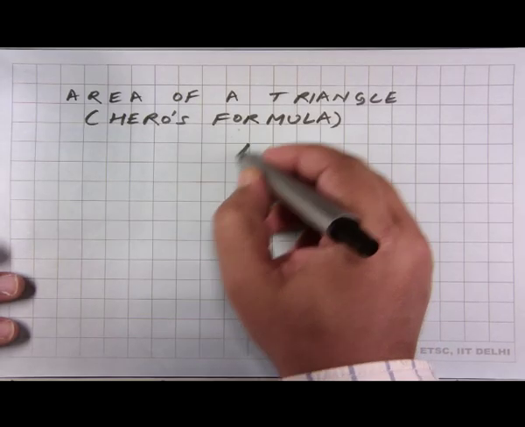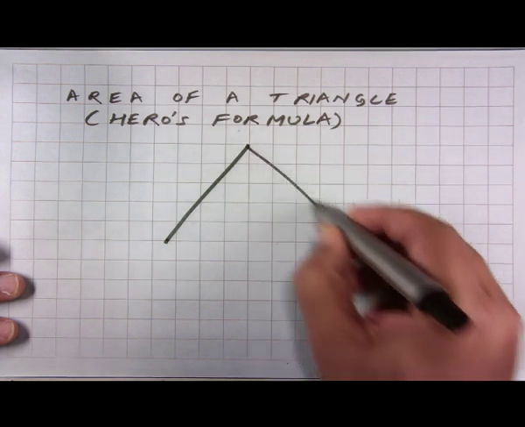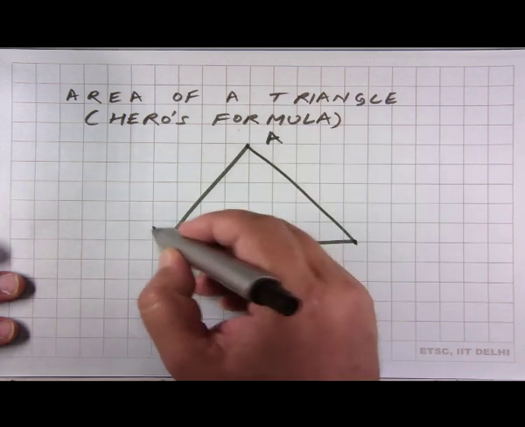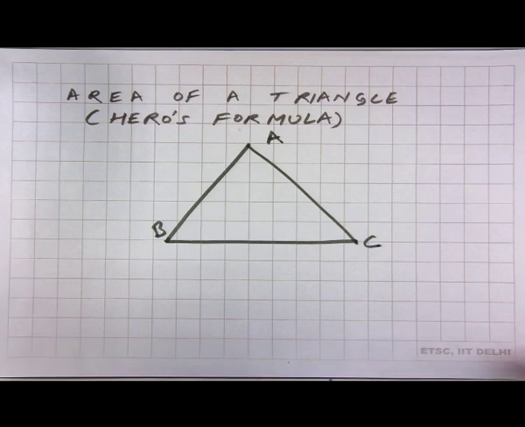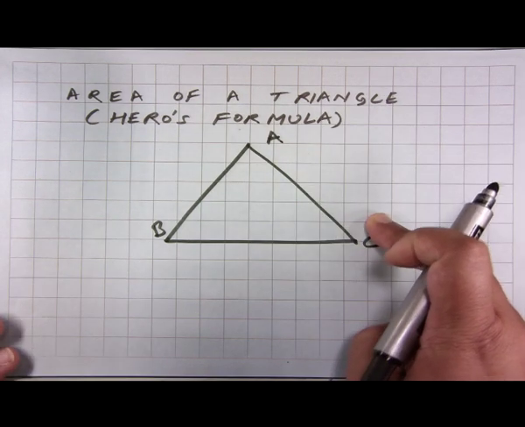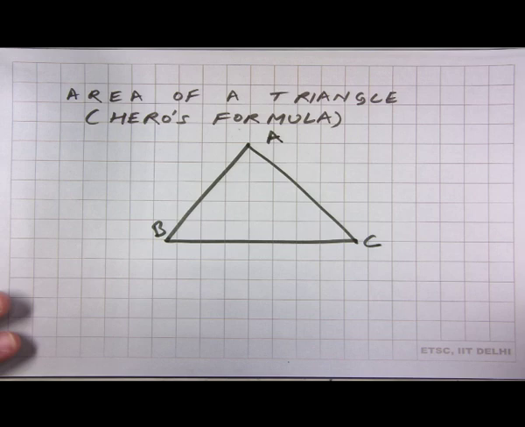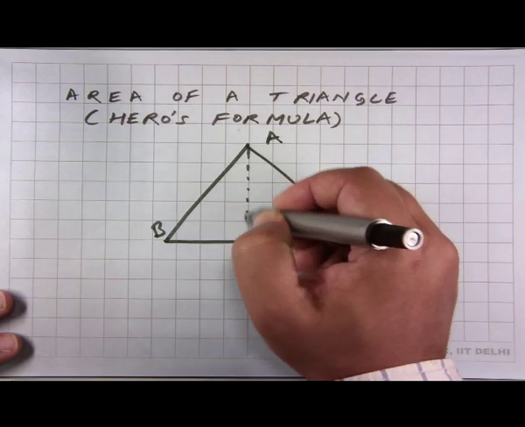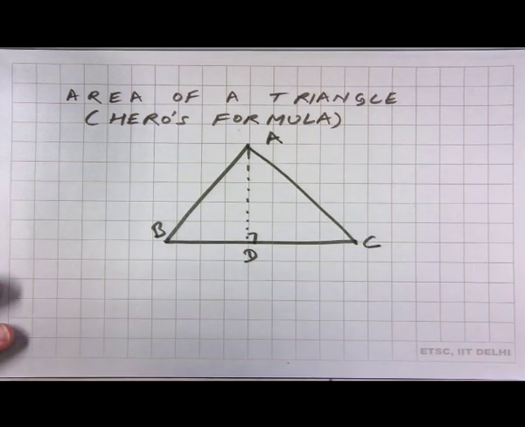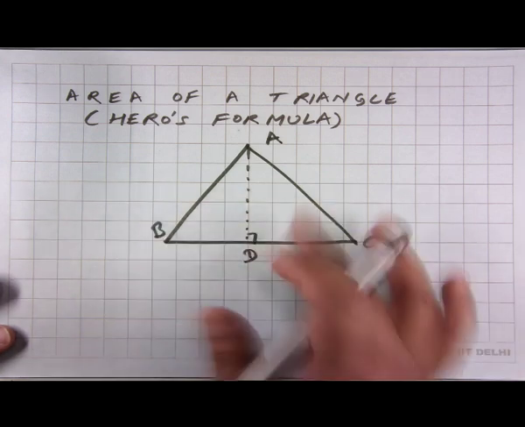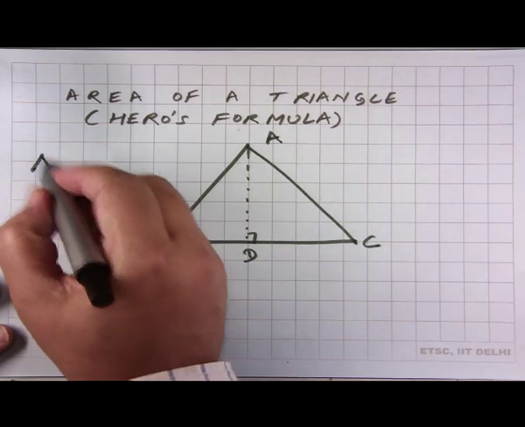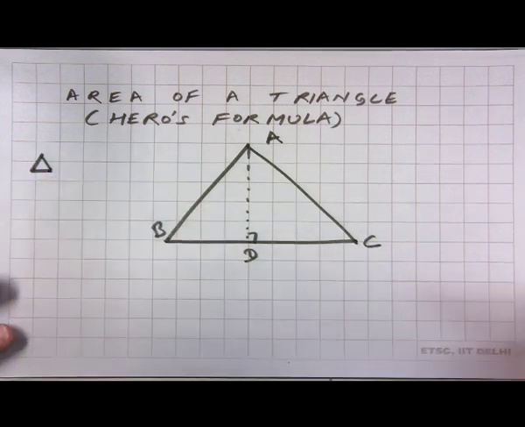So, let us say that here we have a triangle ABC, and so this side has length A, this is the side of length B, this side has length C, and as usual I again drop a perpendicular here at this point D. Then the area of this triangle is simply given by, so area is usually denoted with the Greek symbol delta.